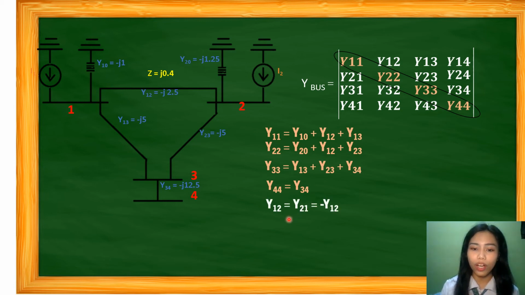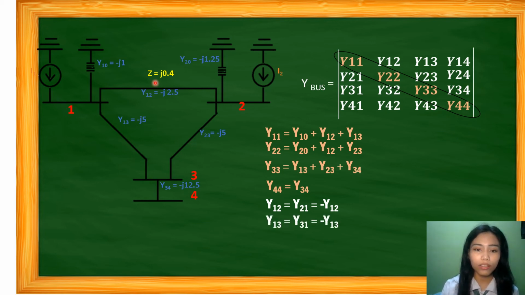Okay, here we have Y12, this is the off-diagonal element of admittances. Y12 equals the reciprocal of its admittance, which is Y21, then it will become negative Y12.